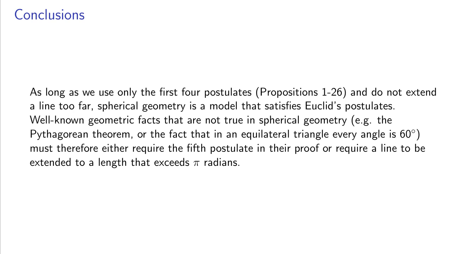None of these things is true in spherical geometry, and that means that Euclid's proof somehow or other either requires the fifth postulate, requires parallel lines, even if there's no evidence of parallel lines in the actual statement, or on occasion, Euclid's proof works only if a line is extended so far that in spherical geometry it could exceed pi radians.